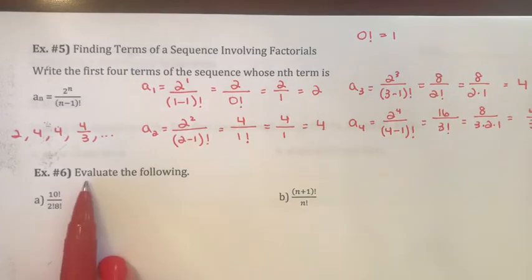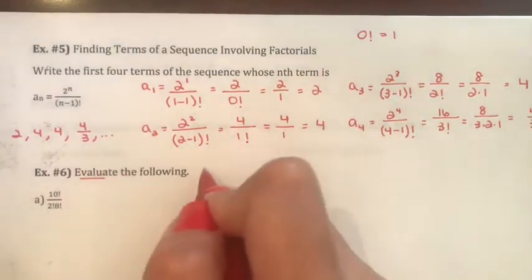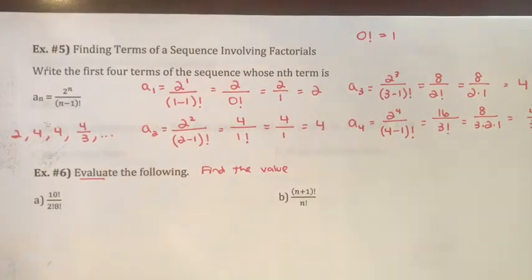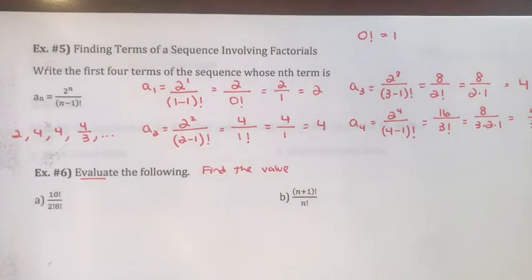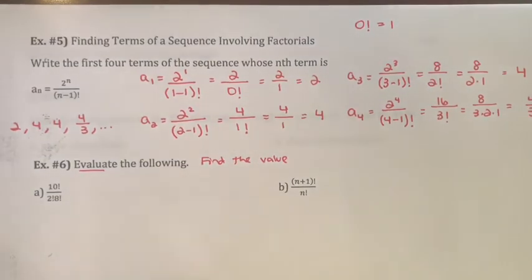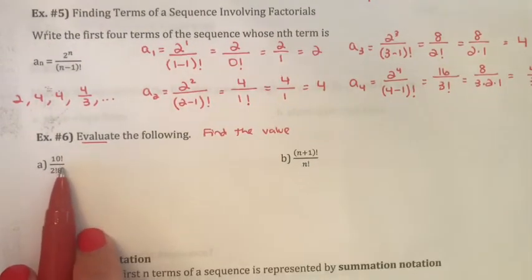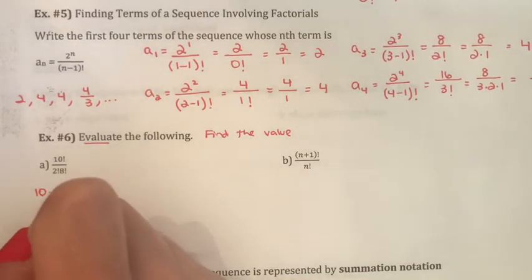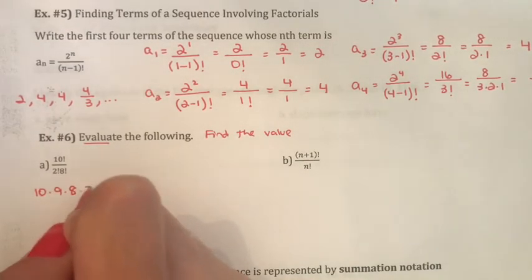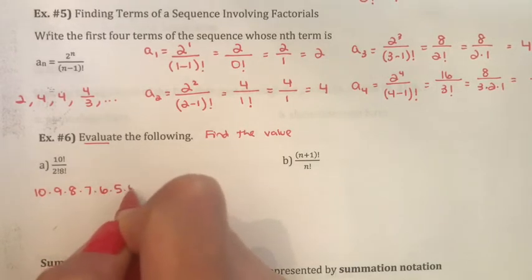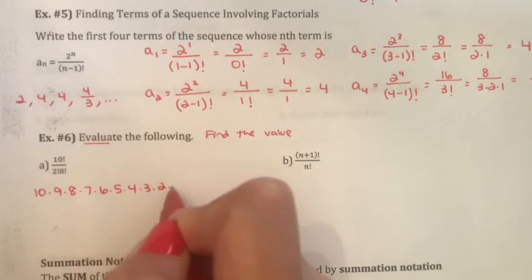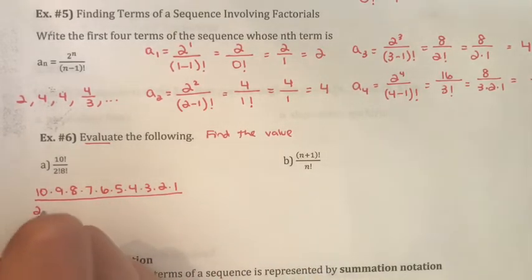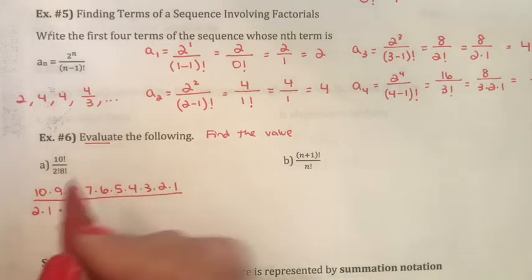Now, if I'm just asked to evaluate, this word means find the value. We don't need to find a sequence or anything like that. And let's think about what's going to happen here. So if I've got 10 factorial, that means it's all these numbers multiplied, over 2 factorial, so that's 2 times 1, times 8 factorial.